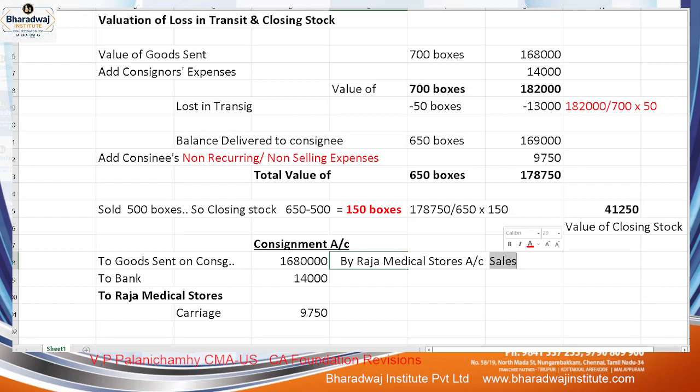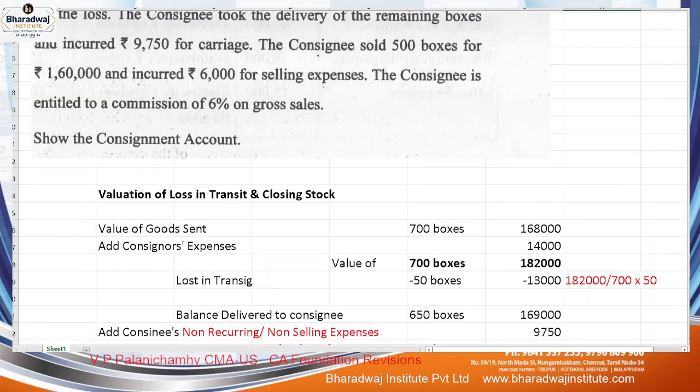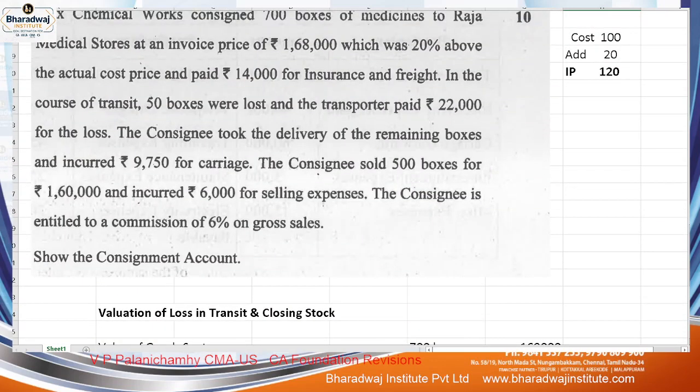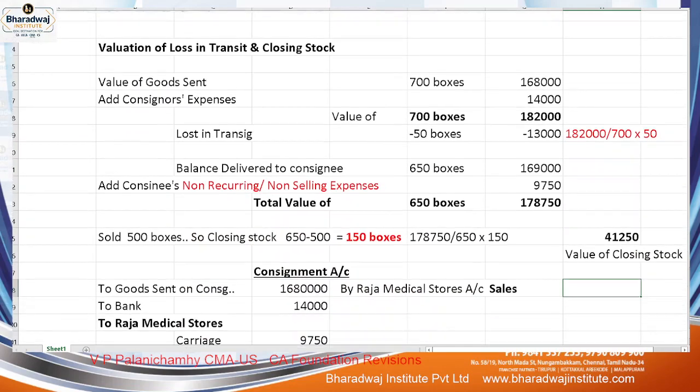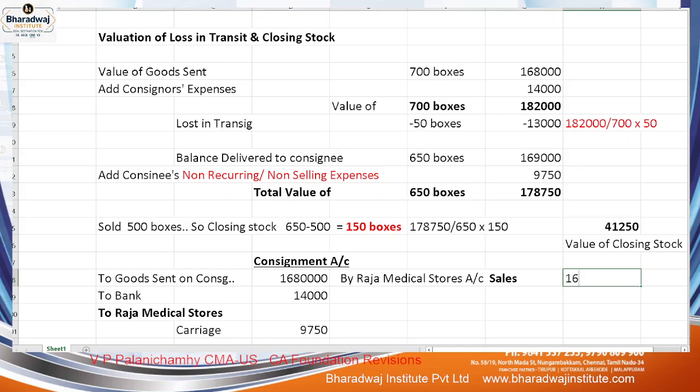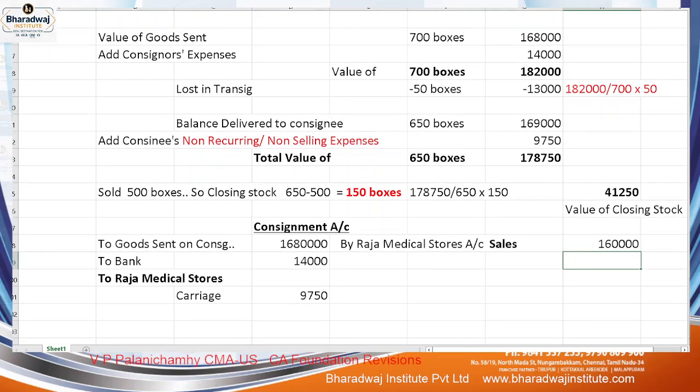What is the sale? 1 lakh 60,000. By abnormal loss. What is abnormal loss in transit? This 13,000. By closing stock. What is the closing stock value we worked out? 41,250.